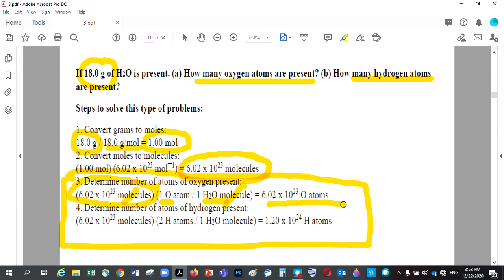I get the number of oxygen atoms in H2O. And I do the same thing for hydrogen. However, hydrogen has 2 atoms in 1 molecule. So I multiply the molecules, which cancel out, and I get 1.204 times 10 to the power 24 hydrogen atoms in 1 mole of H2O.